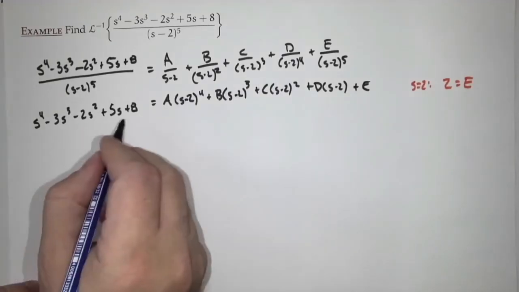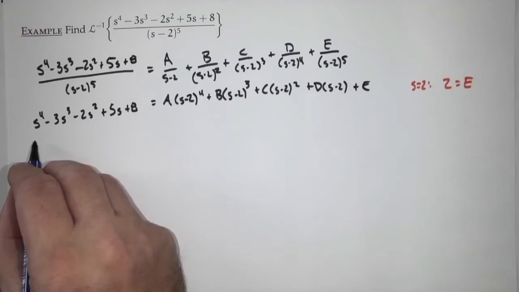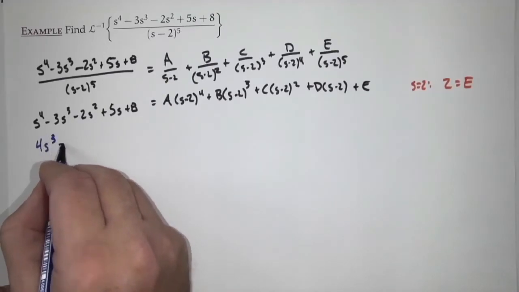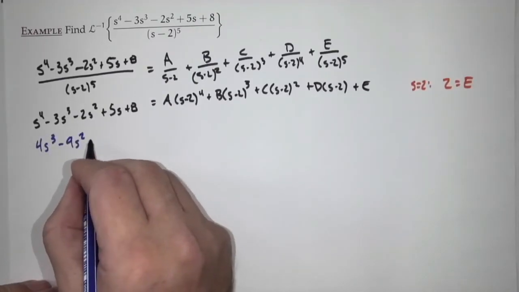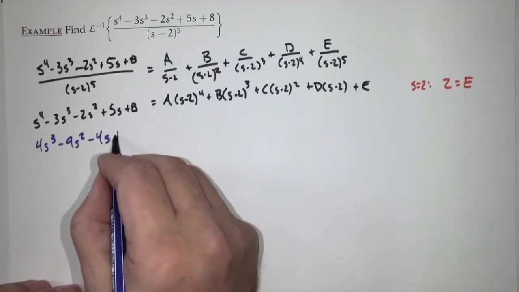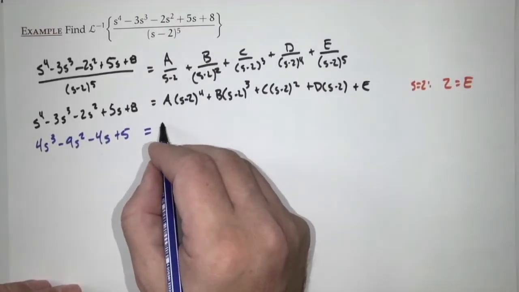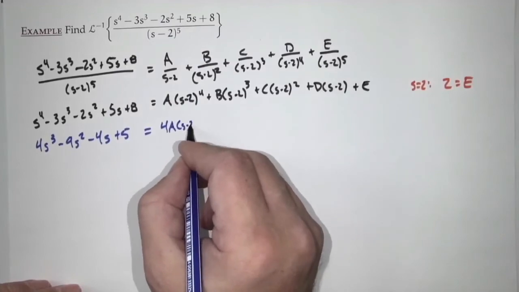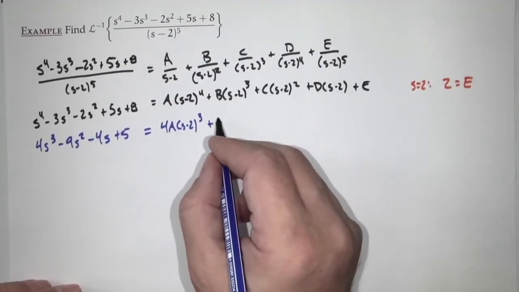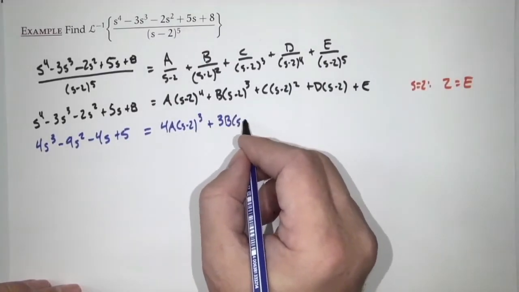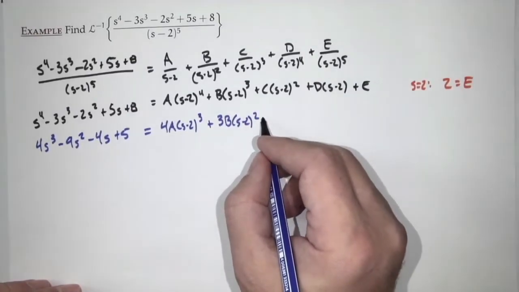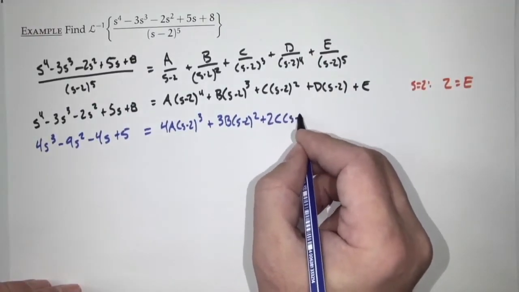Okay, what's the derivative of the left-hand side? 4s cubed minus 4s squared plus 5 equals 4a(s minus 2) cubed plus 3b(s minus 2) squared plus c(s minus 2).